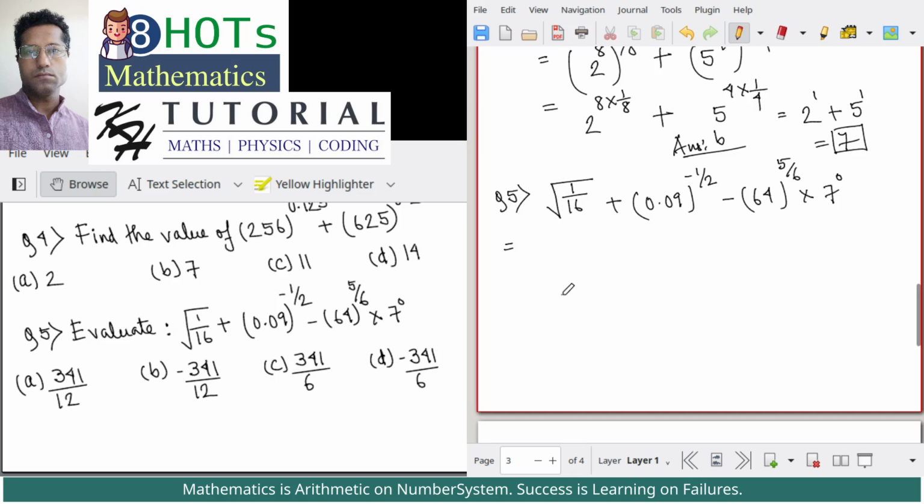Okay. So square root of 1 by 16, I can write it as square root of 1 divided by square root of 16. That is applying the formula of the square root, that square root of x by y is equal to square root of x divided by square root of y.